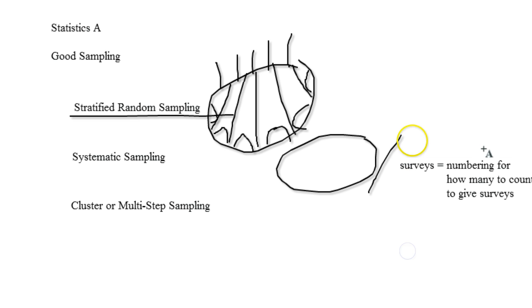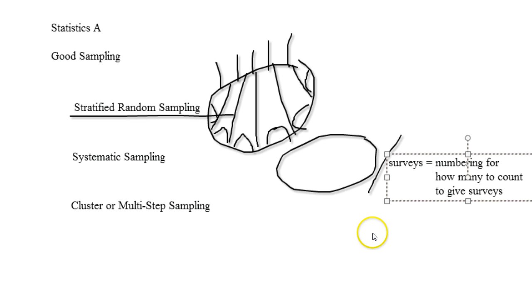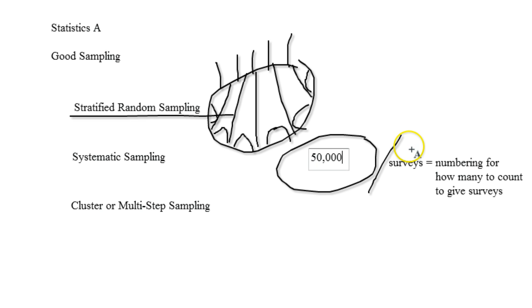So you take your total population and divide it by this. For example, if there were 50,000 people in here and you wanted to do about 100 surveys, you divide 50,000 by that. So you're going to count every 500th person and use that person.